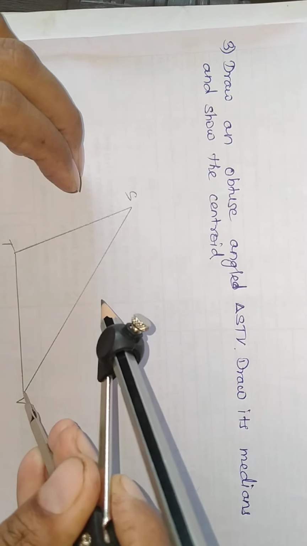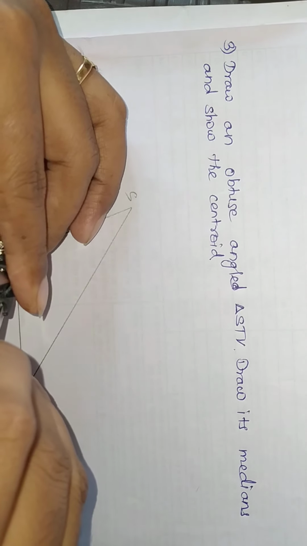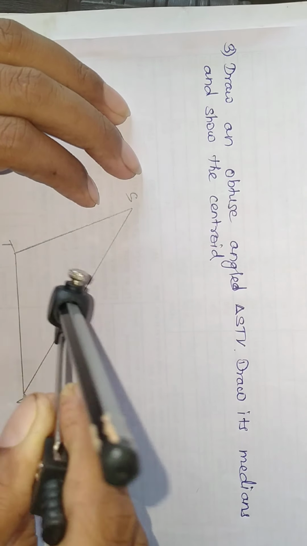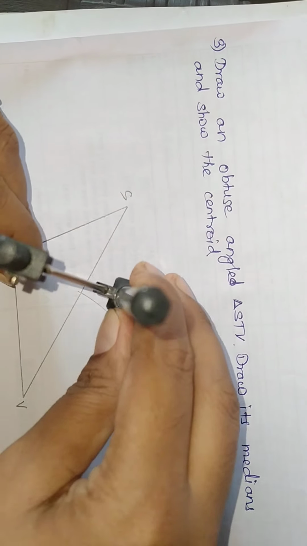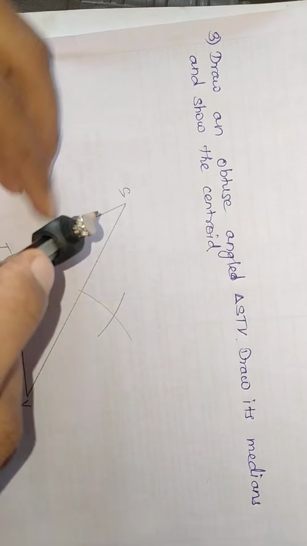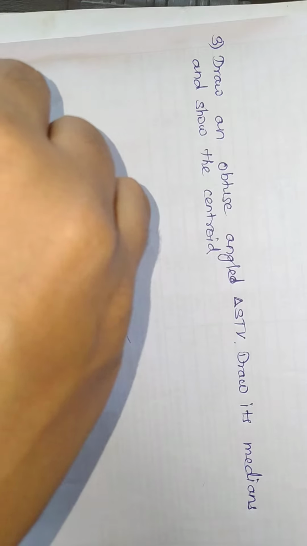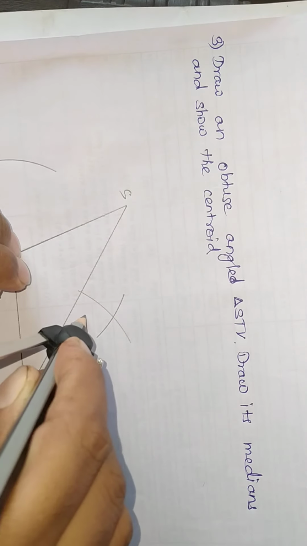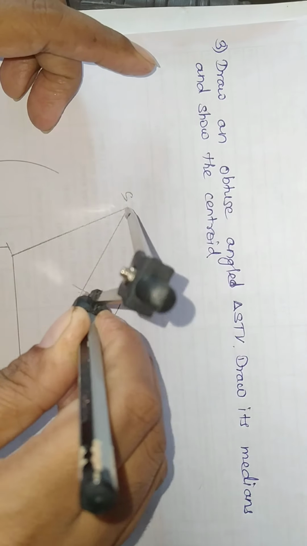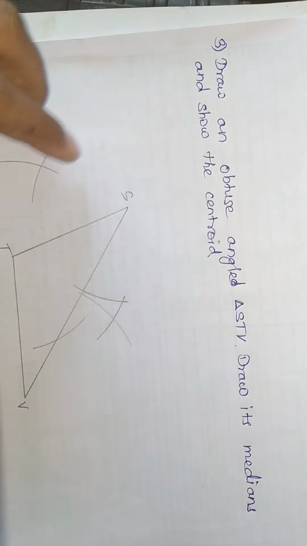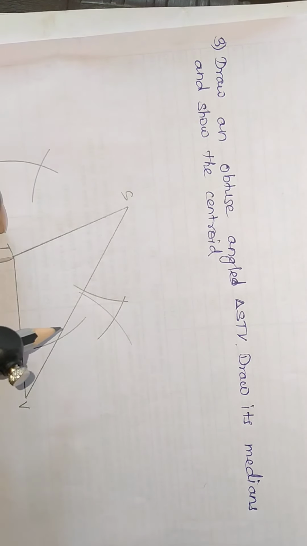By taking more than half distance, arcs on both the sides for segment ST. Now one arc this side, one arc this side, then one arc here, one arc here. Now see, this is not coinciding with this. We have to extend that arc.